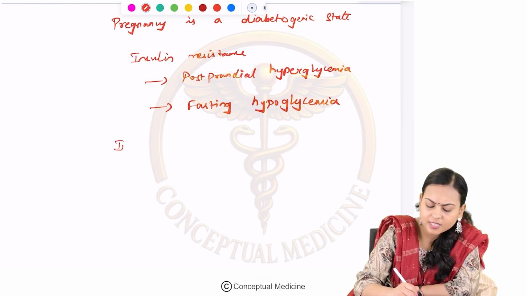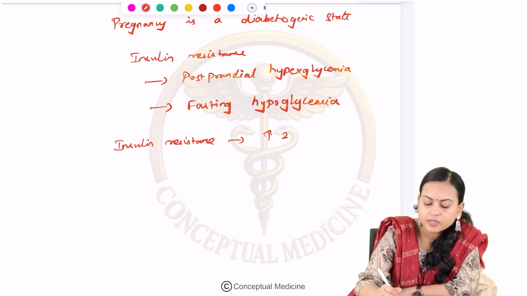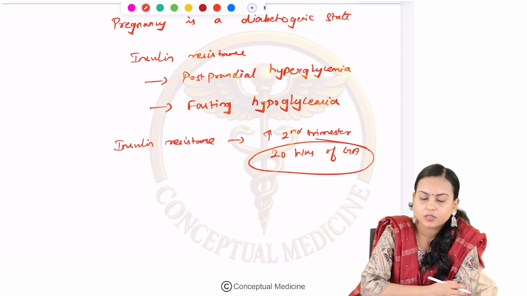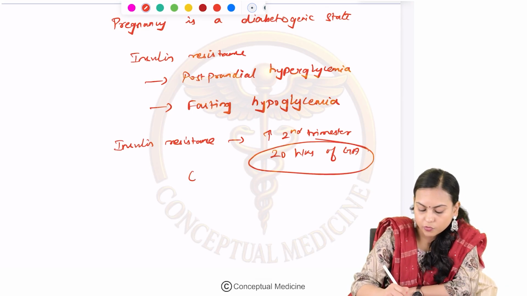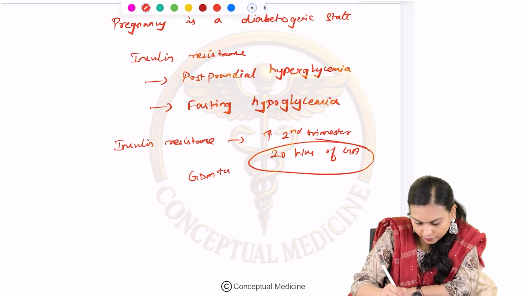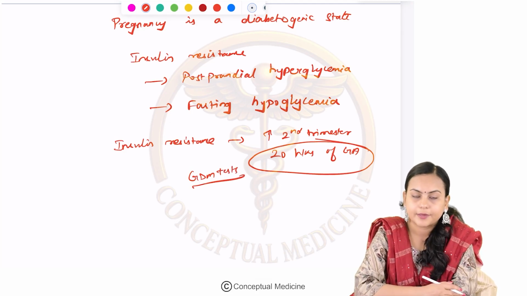Okay, and this insulin resistance becomes more after the second trimester, say after 20 weeks of gestational age. Okay, so that is why most of the GDM tests are done during this time.